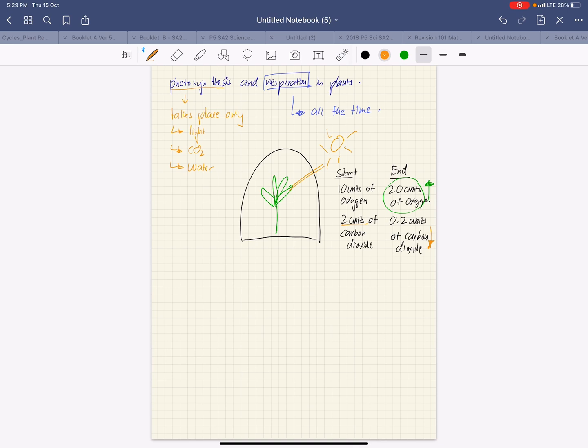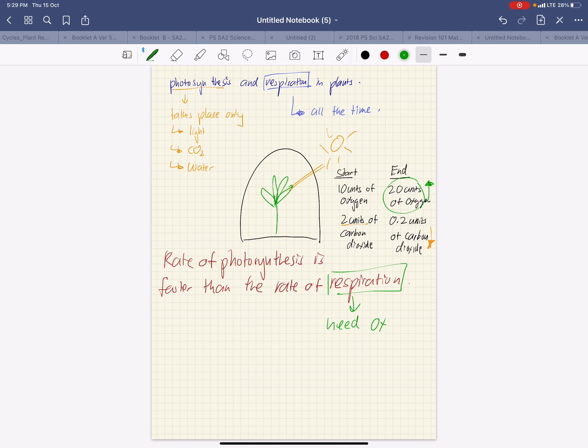Respiration happens all the time. What is happening is that the rate of photosynthesis is faster than the rate of respiration. Recall that in respiration, what you need is oxygen, and your photosynthesis actually produces oxygen.